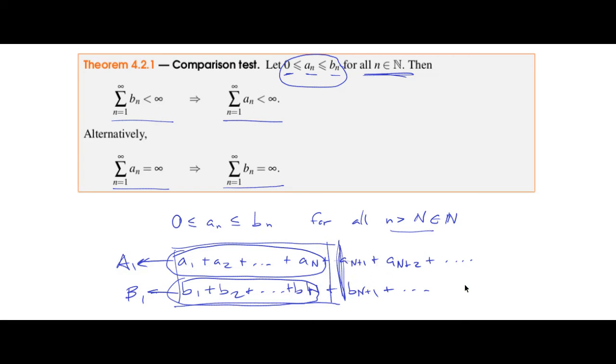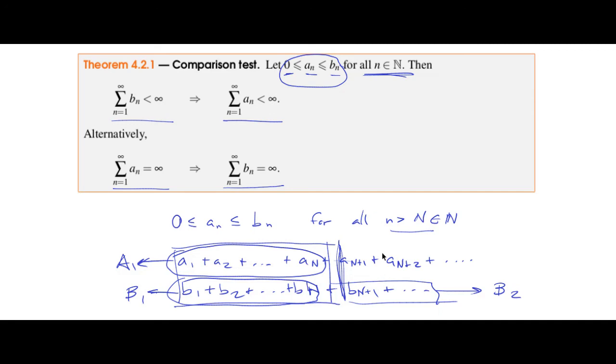Okay, and so if this series is convergent, then the whole series will be convergent, because for instance, if the tail starting in b sub n plus 1 is equal to b2, then the whole series will be b1 plus b2, right? And then we know that the other series will also be convergent. Okay, do you see?